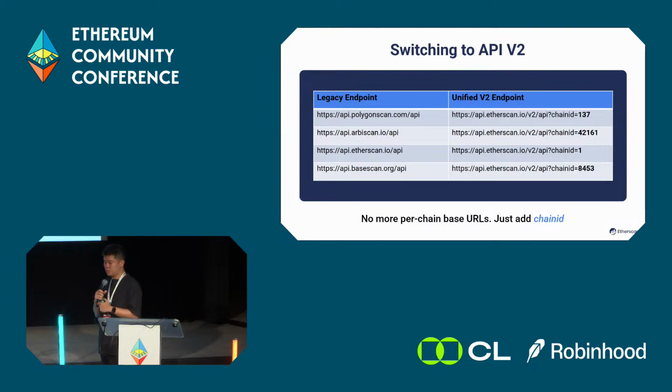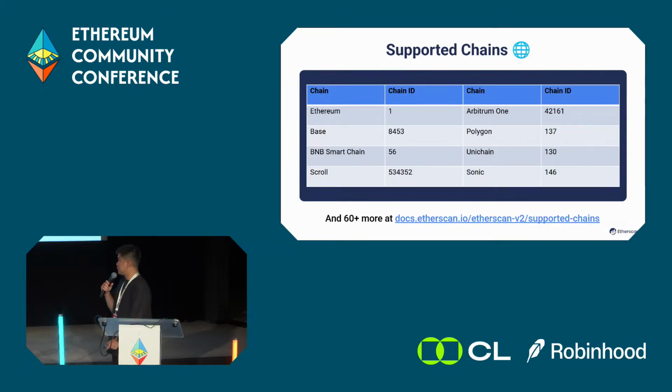And we have a URL, which I can share later, where you can look at all the chain IDs that we support. We support more than 60 chains, mainnet and testnet as well. And this is the URL. I will share a QR code later so you can access the entire list of chains that we support.